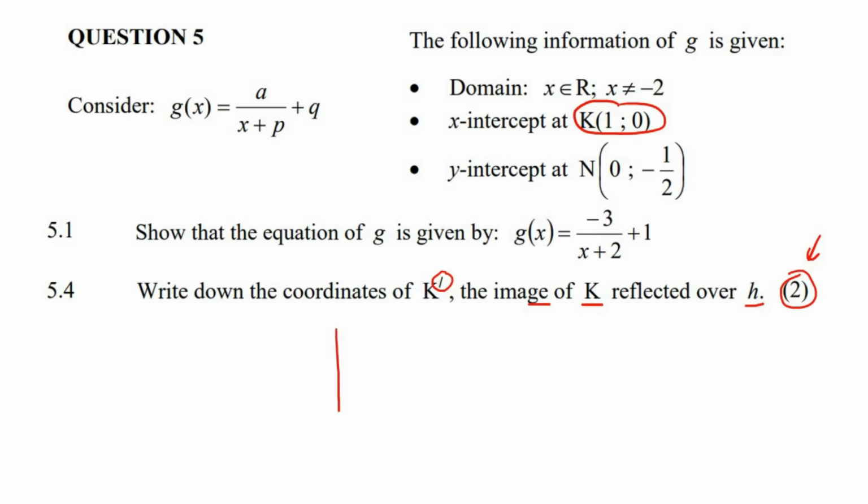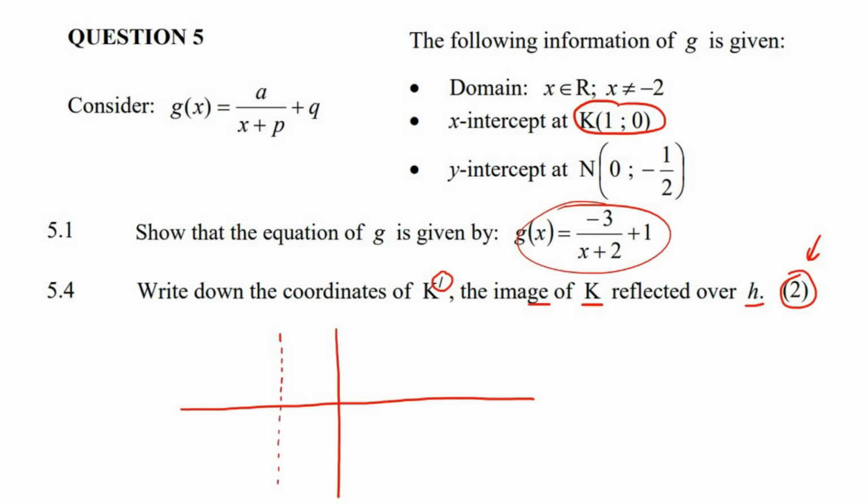So we're going to draw a graph just so I can explain this nicely to you. Now, we know that the original graph, the hyperbola, has an asymptote here at -2. I'm not going to draw the whole graph, and then we have this other asymptote at 1. Okay. Then we had the symmetry lines, which we know go through here.